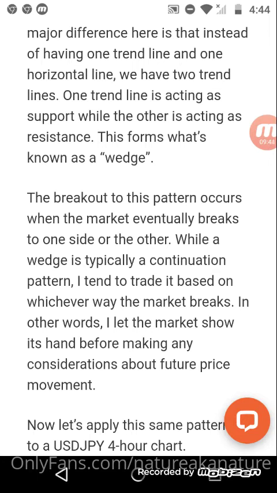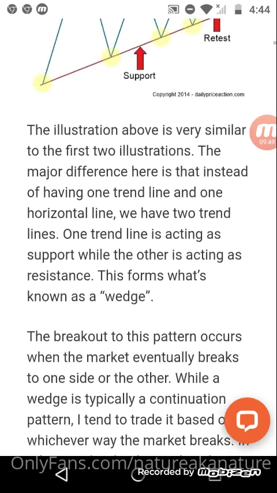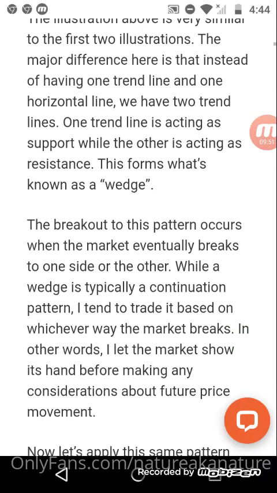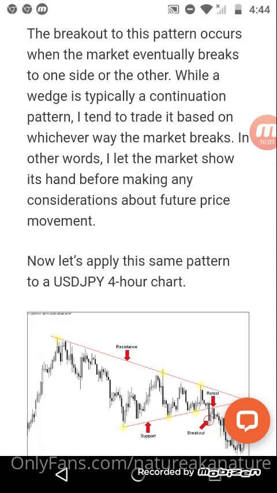Whichever way it breaks out is the way the market is most likely going to continue. In other words, let the market show its hand before making any consideration about future price momentum. We wait for more confirmation, bullish or bearish, before we enter for future price movements, or buy or sell orders.